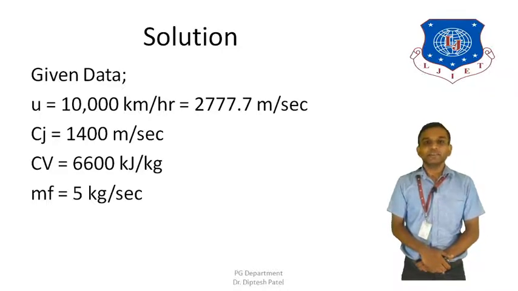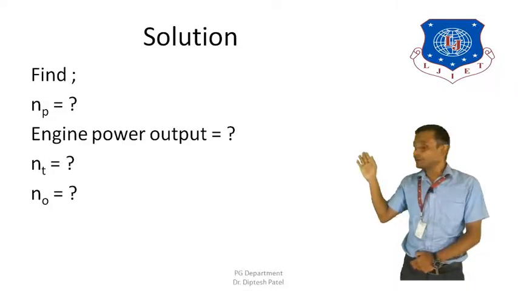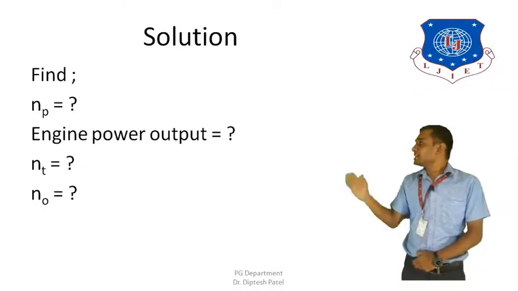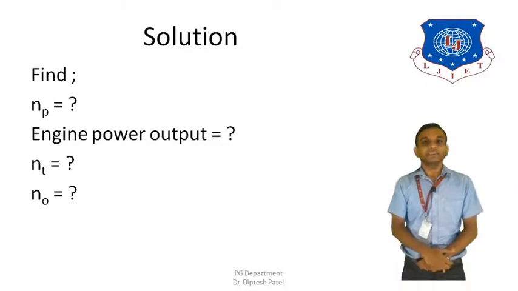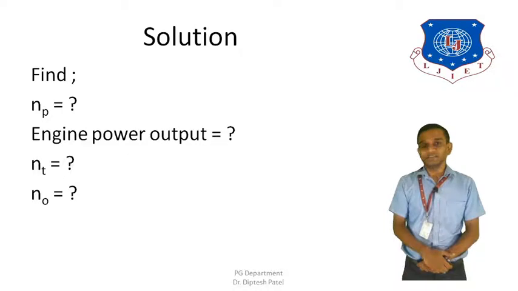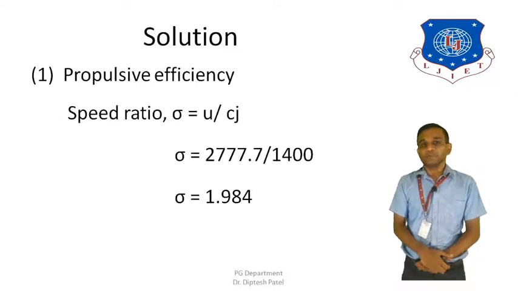Calorific value of fuel is 6600 kilojoule per kilogram, and the mass of fuel, or the flow rate of the propellant in the combustion chamber, is 5 kilogram per second. On the basis of these values we need to calculate eta P, the propulsive efficiency, the engine output power, then eta T, the thermal efficiency, and eta O, the overall efficiency of the engine. So let's start the numerical now.